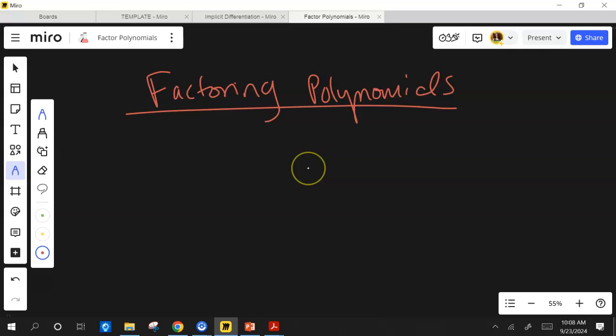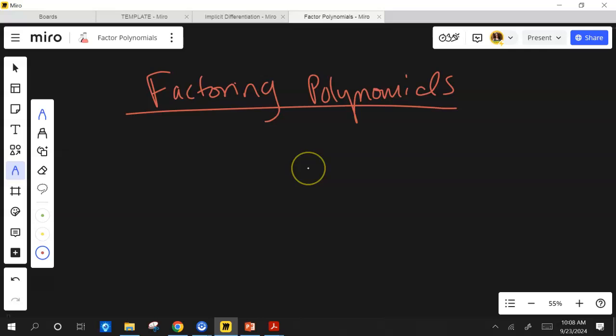If the middle sign is negative, it changes the last sign. But if it's plus, it keeps whatever sign was there. So what's the factor that I take out and put in front? X squared. I always do this one first, but the order does not matter. And what's left is 2x squared plus 1.